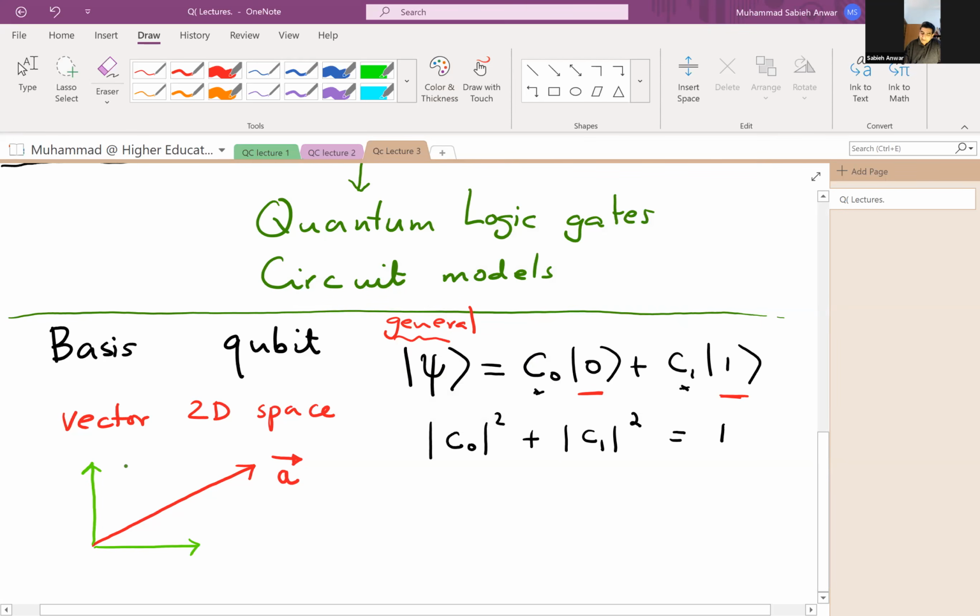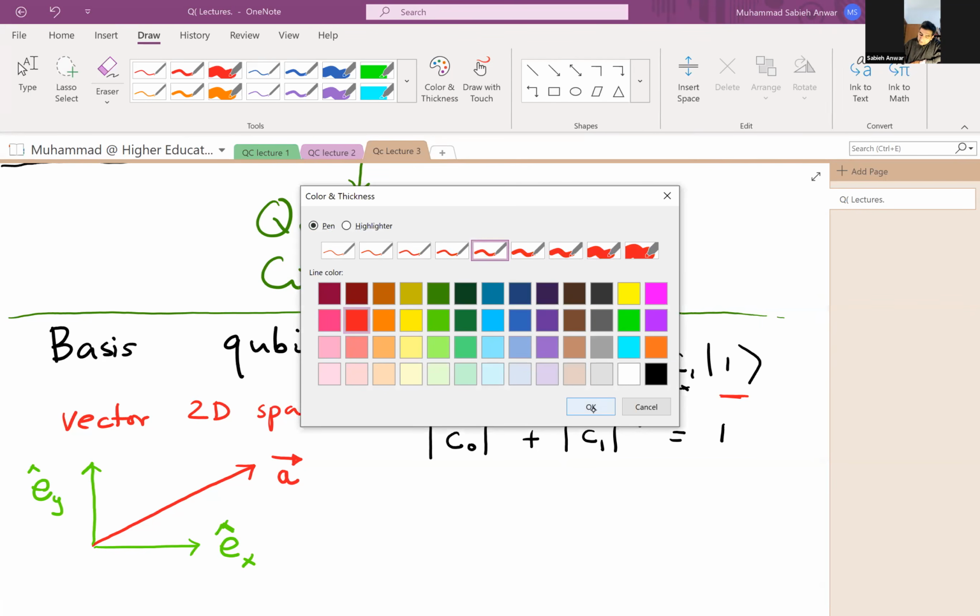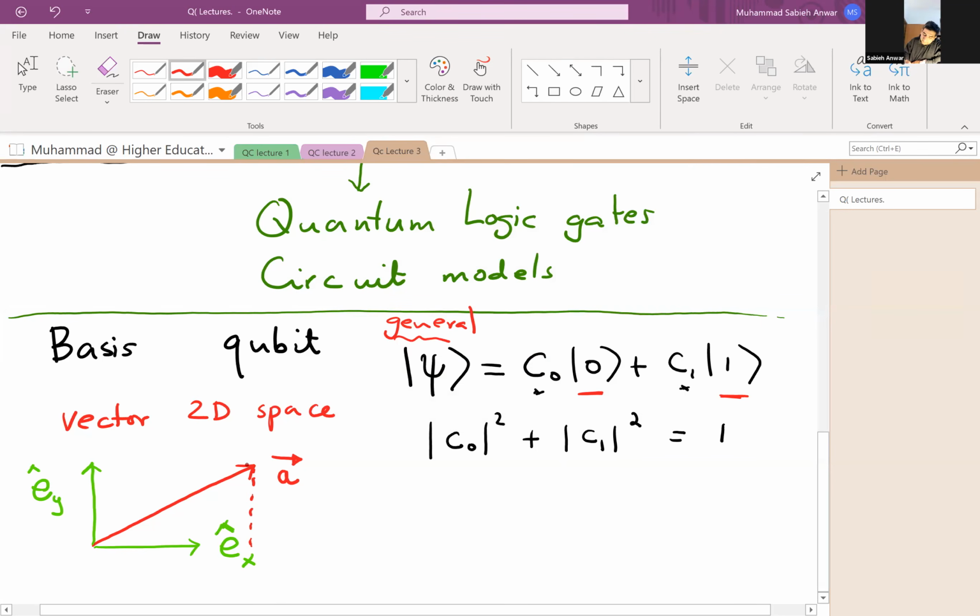Now, this horizontal axis I could label as Ex, and I put a small hat on top of it to show it's a unit vector. And the vertical axis I can label as Ey. Now, the vector A will have a projection on each of these axes.